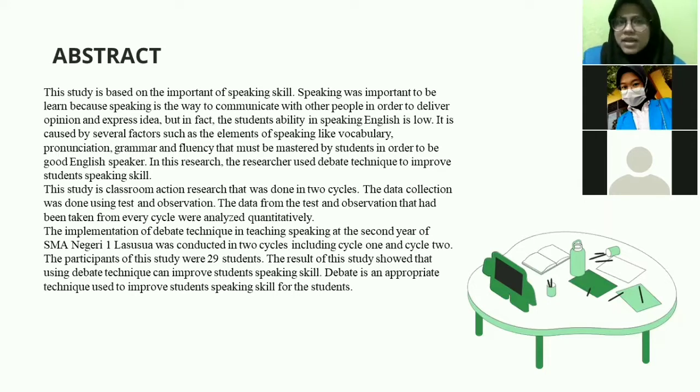But in fact, the student's ability in speaking English is low. It is caused by several factors such as the elements of speaking like vocabulary, pronunciation, grammar, and fluency that must be mastered by students in order to be good English speakers.